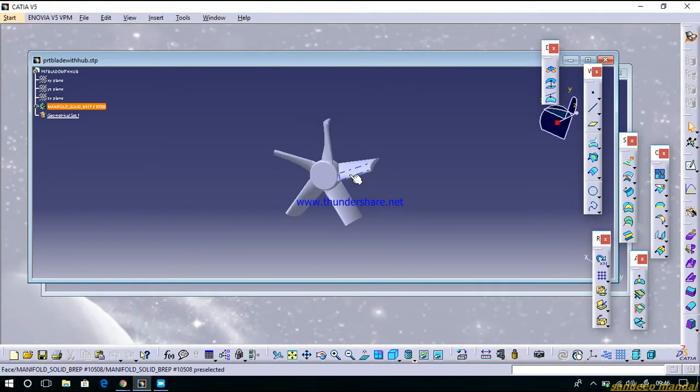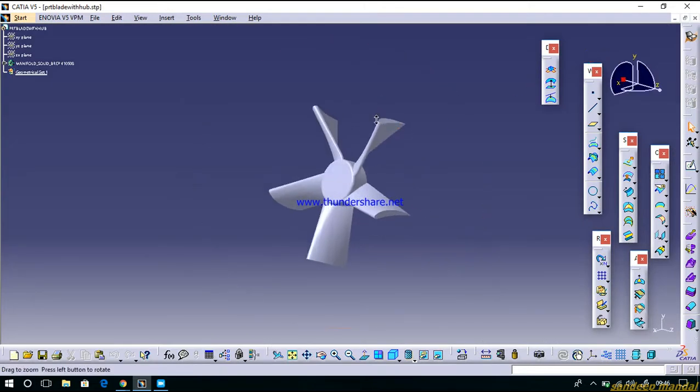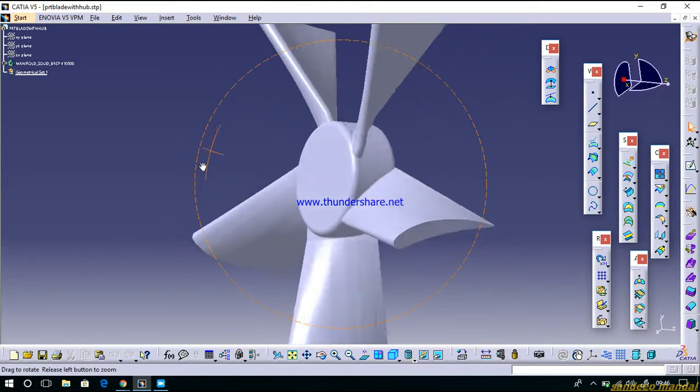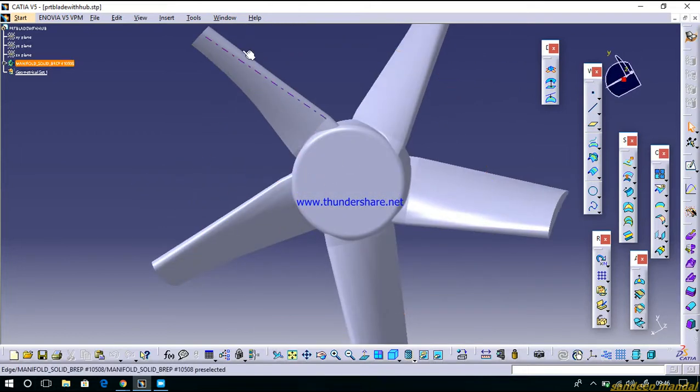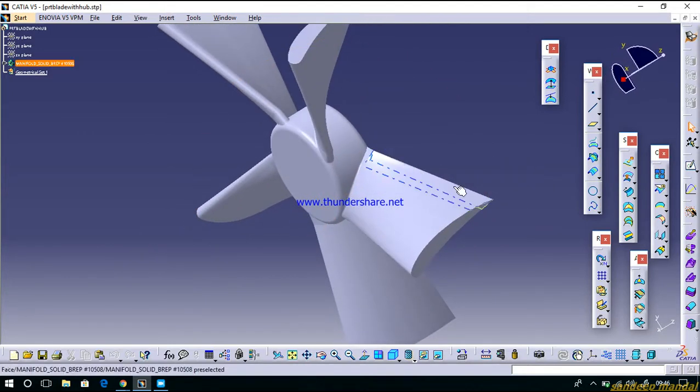This is the basic design of the axial fan I have made. It is totally as per my design calculation and CFM requirement. This is the hub. These are the blades. The number of blades I have calculated, and this is the trailing edge of the fan.